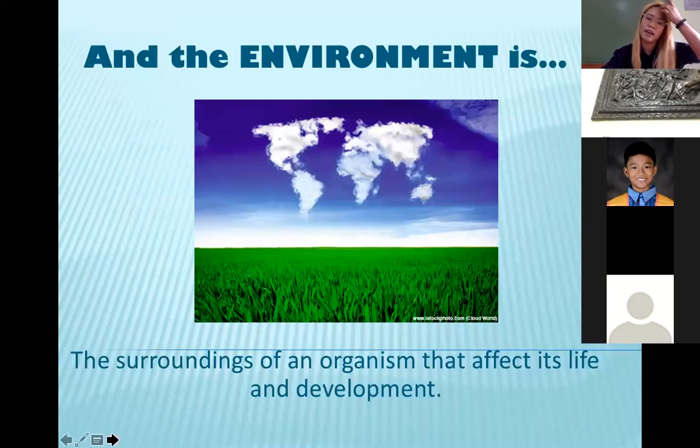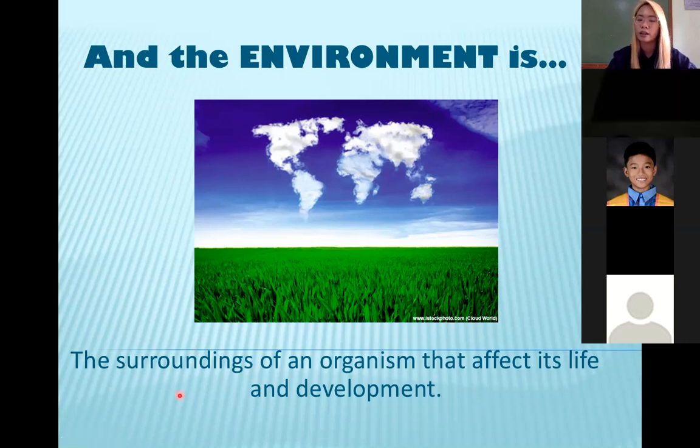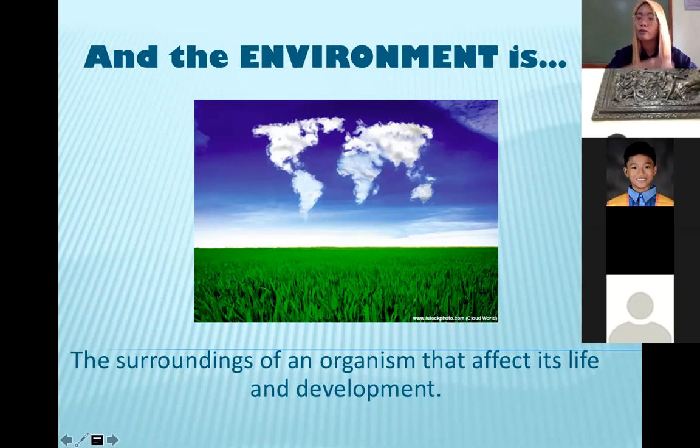ecology. Okay? So the surroundings of an organism, it says here, affect its growth and development. So even though they don't have life, they are still very important because we need them in order to survive. So these non-living things, the environment or the surroundings around us, are essential for our life.